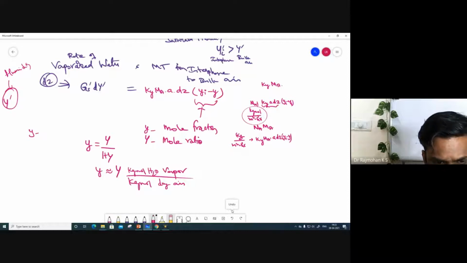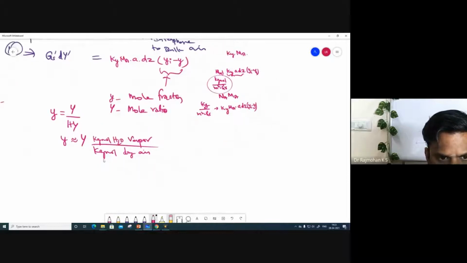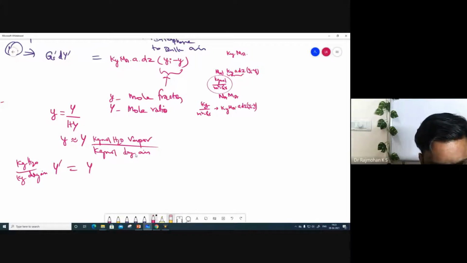Now, how to make this Y into Y dash? How to express this mole ratio into Y dash, that is mass ratio? So if I say Y dash is mass ratio, that is kg of water per kg of dry air, how can it be related to this Y? Because Y is kg moles of water vapor, we multiply by the molecular weight of water.